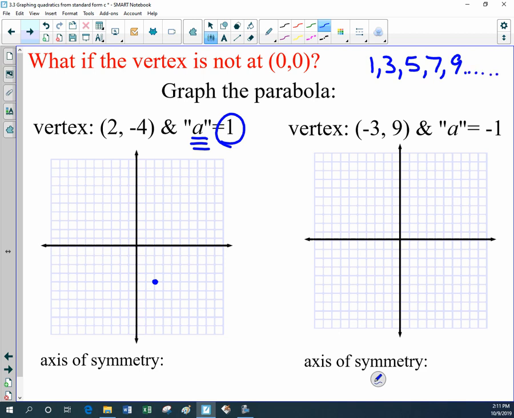It's going to be consecutive odd numbers. So from this vertex, we would go up 1 over 1, and we do the same thing on each side of the vertex. Then from the point that we just located, we would go up 3 and over 1, and we do the same thing on each side of the vertex, so up 3 over 1.